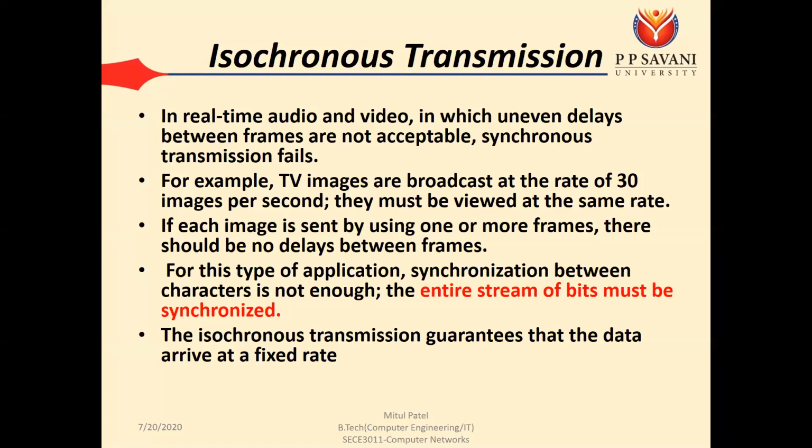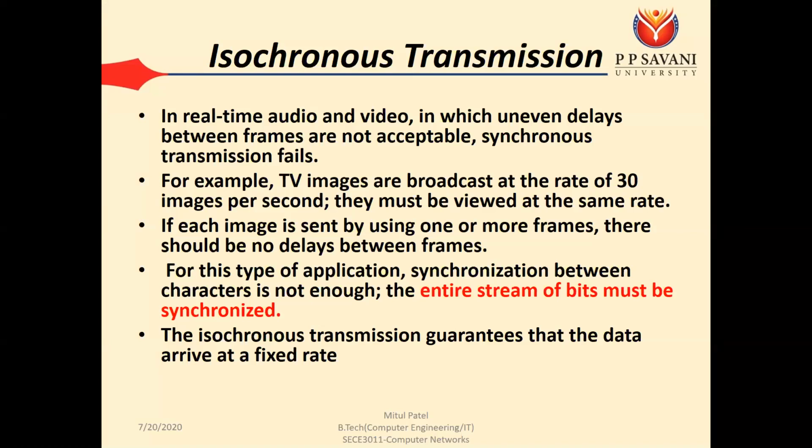What happens in such cases is that the image is sent by using one or more frames, and there should not be any delay between the two frames. So we are creating a large frame, where each pixel consists of 8 bits.